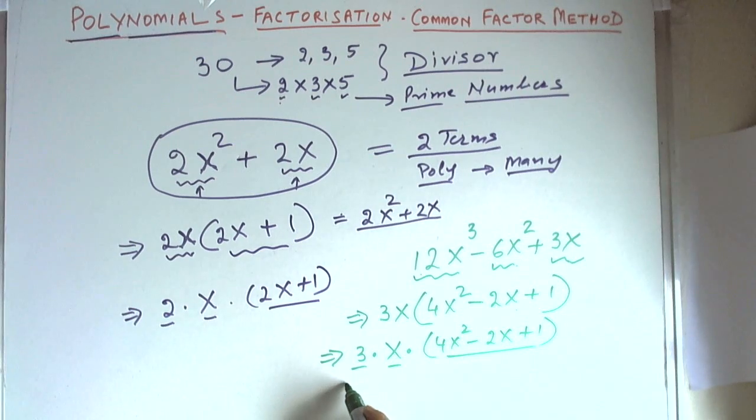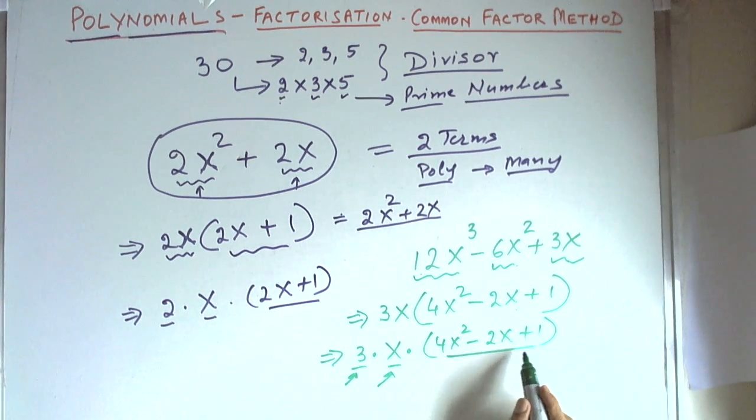Now you can see that 3 is a prime number and x cannot be further factorized, and similarly 4x square minus 2x plus 1 cannot be further factorized because there is no common factor which we can find from all the three terms.